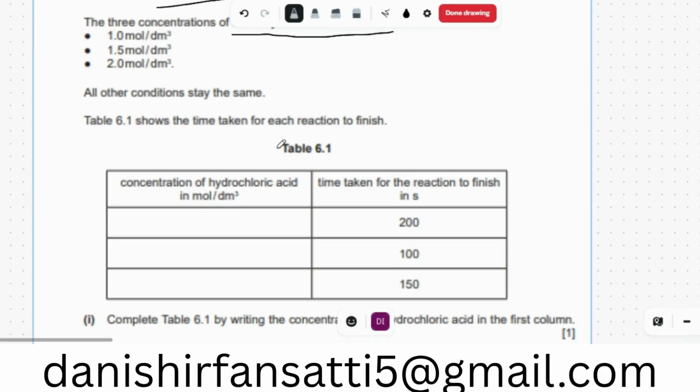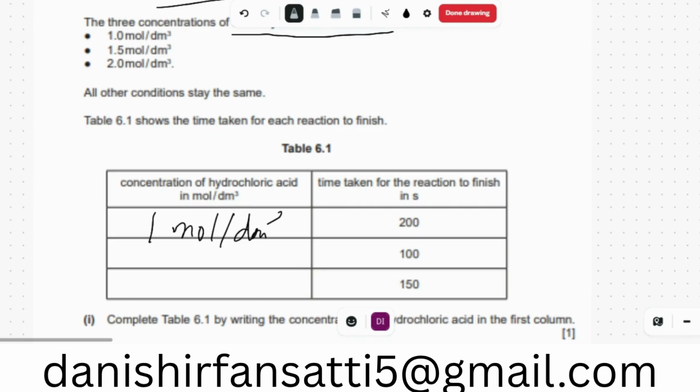So concentration will be 1 mole per decimeter cube. The second is the fastest one, which has the highest concentration, that is 2 moles per decimeter cube. And the third one is in the middle, so 1.5 moles per decimeter cube.